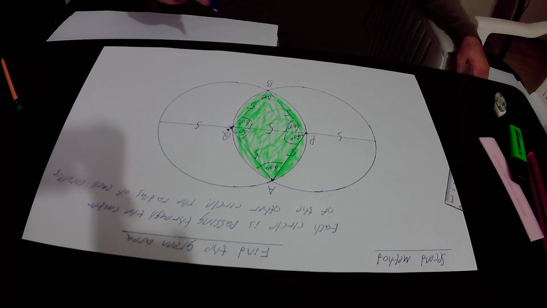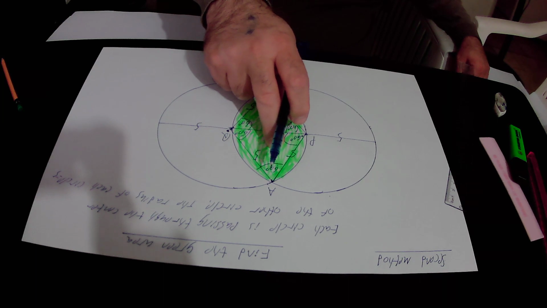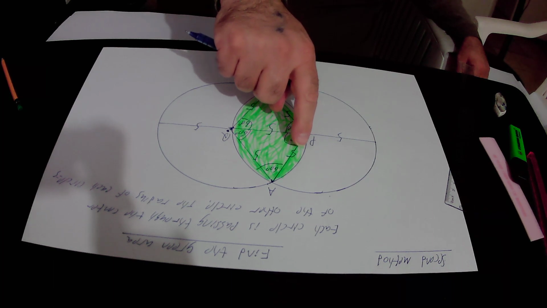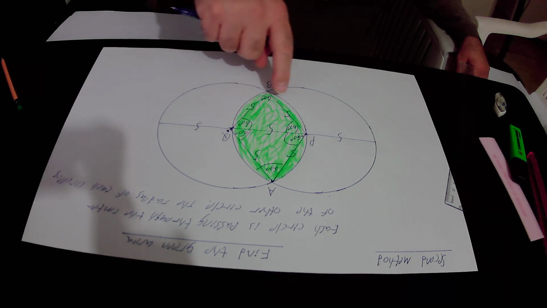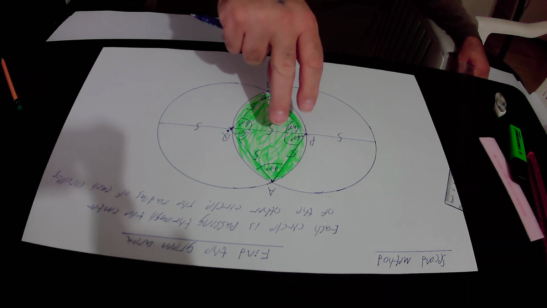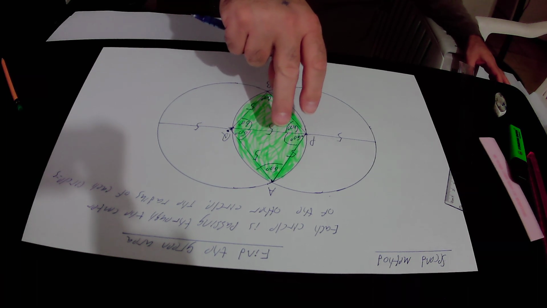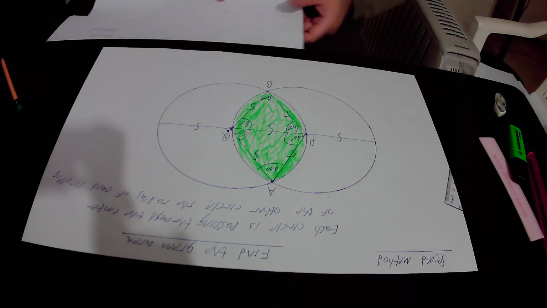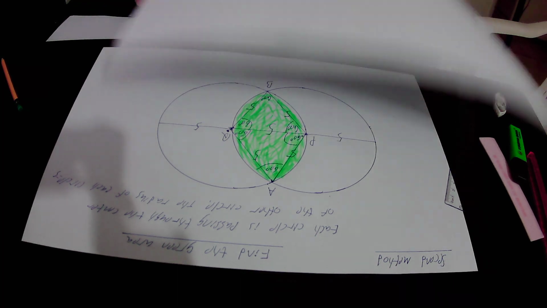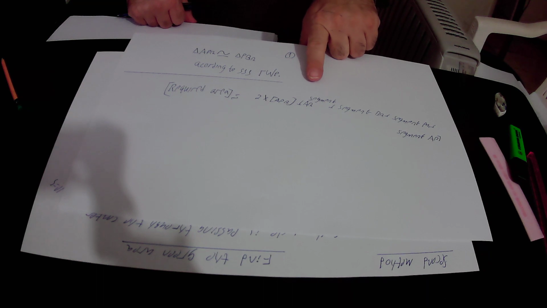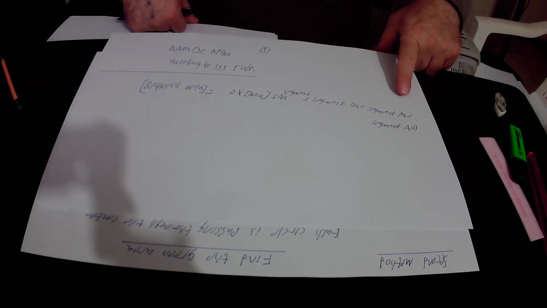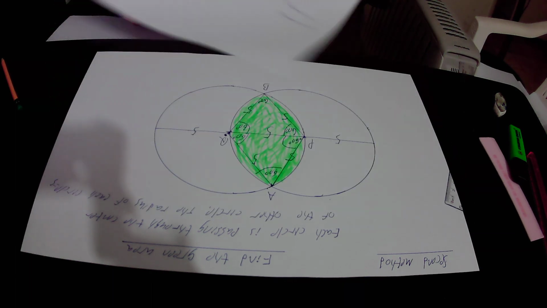Okay, so the sum of those two equilateral triangles plus the sum of the areas of the four segments will be equal to the green area. Okay, so I repeat again, the required area will be equal to 2 times the area of triangle APQ plus the area of segment AQ plus the area of segment BQ plus the area of segment PB plus the area of segment AP. Okay.